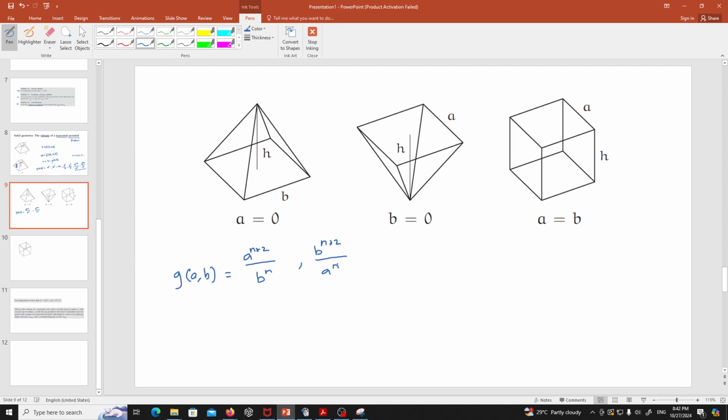Where n could be any integer: 0, 1, 2. And in that case, could n be a negative integer? Just think.